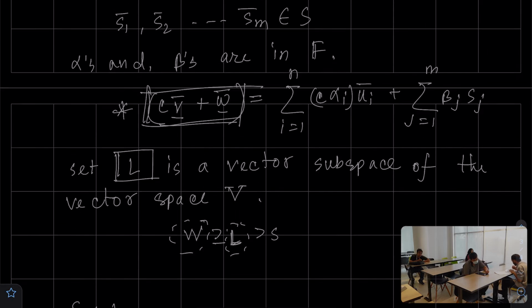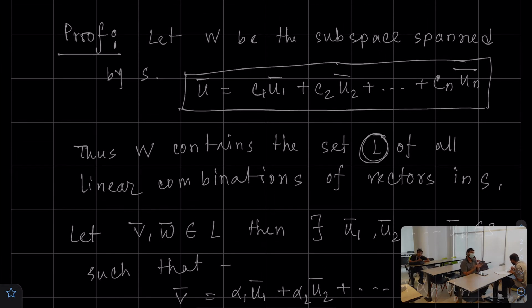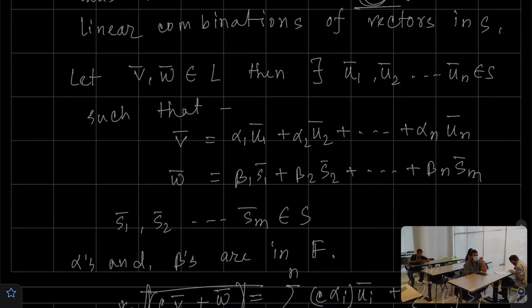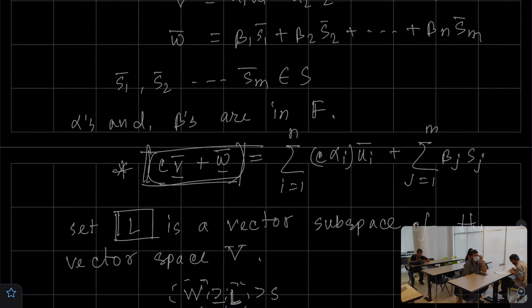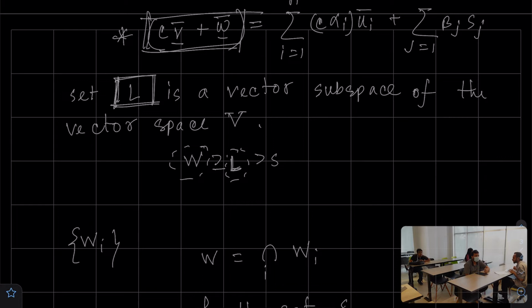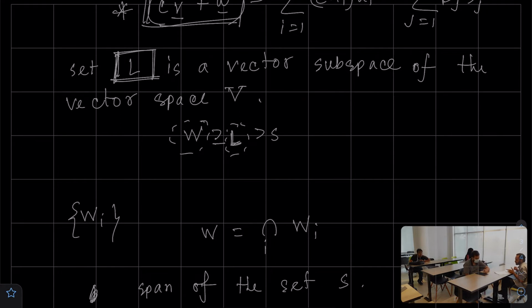And so to prove this theorem, we start: let W be the subspace spanned by S. Okay. And then we form another set L, and I prove that this set L is also a subspace of the original vector space V, and this set L also contains the set S, right?